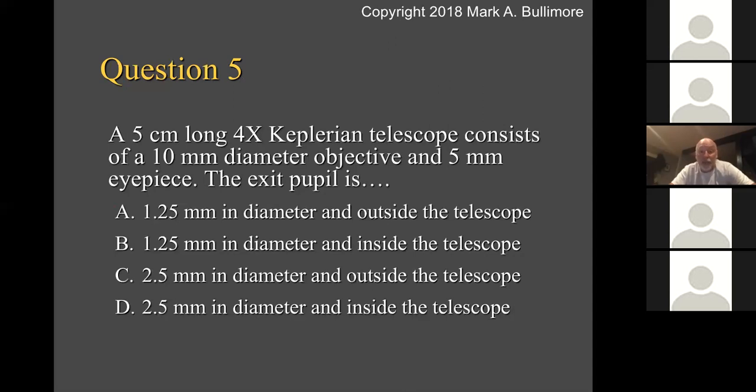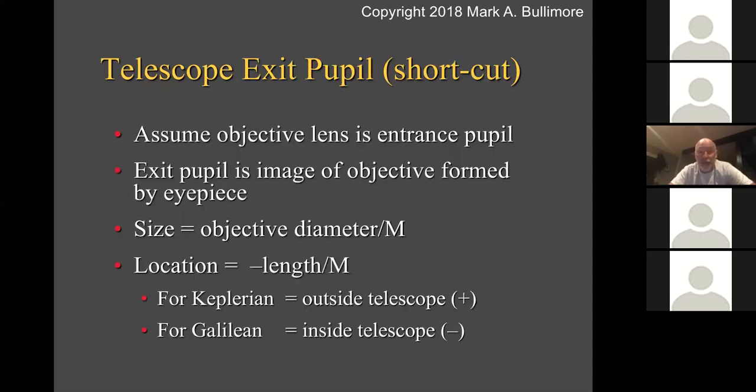And you can also do the shortcut, which is to remember that the exit pupil is just the objective diameter divided by the magnification. Saying that another way, the magnification for a telescope is the diameter of the objective divided by the diameter of the exit pupil. That's a very quick and easy way to determine the magnification of a scope.